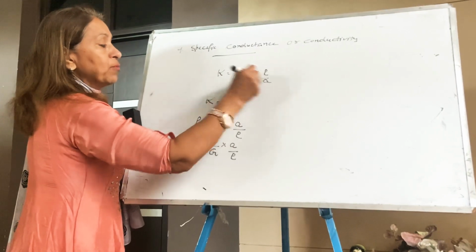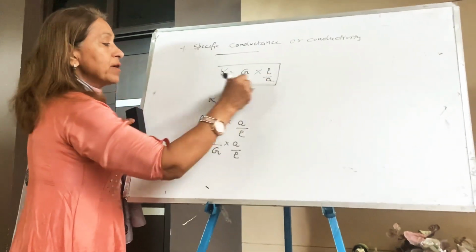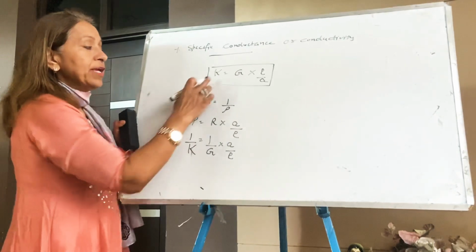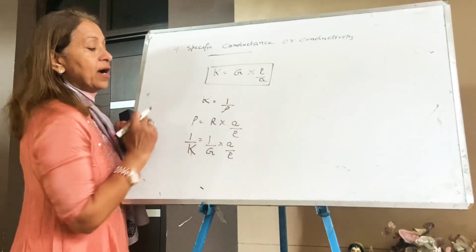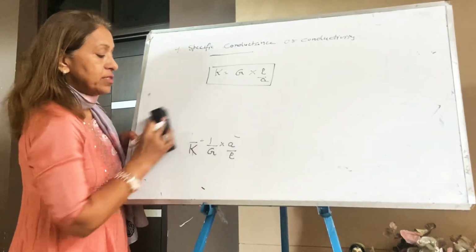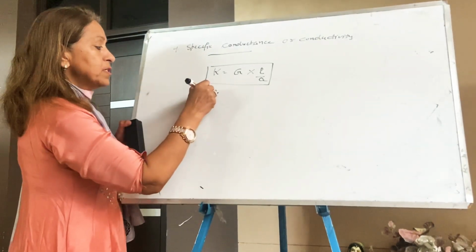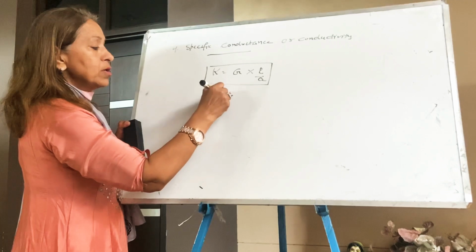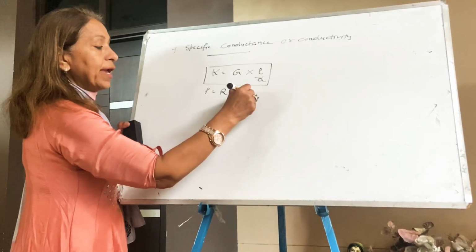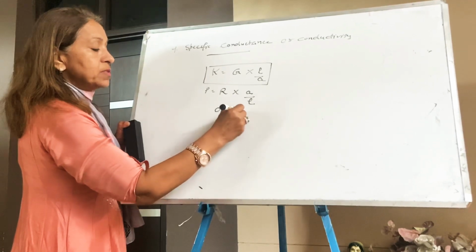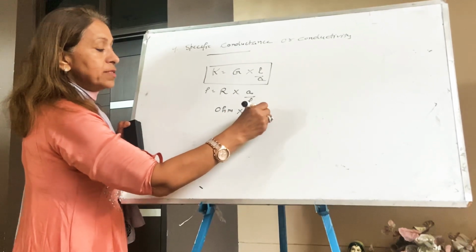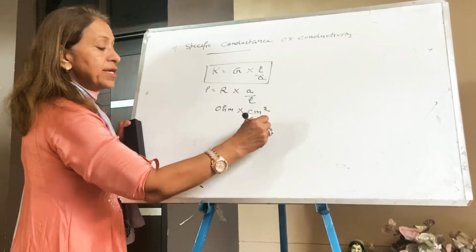Very, very important formula. It will be used in numericals. So conductivity is equal to conductance multiplied by length by area, right? And resistivity rho is equal to R into A by L. The unit of resistance is ohm, area is centimeter square, length is centimeter.